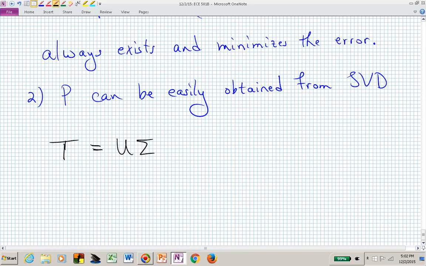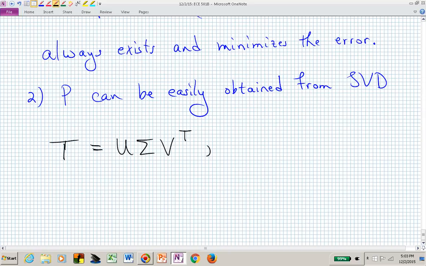It's square, and so however many rows you have in the matrix representation of T, that's how many columns you are going to have in U, and those columns will be orthonormal. So that's one piece. I haven't completed this yet. It's a product of three matrices. Sigma is a very sparse matrix. It only has diagonals in the upper left-hand corner, and those diagonal entries are the singular values of this linear map T.